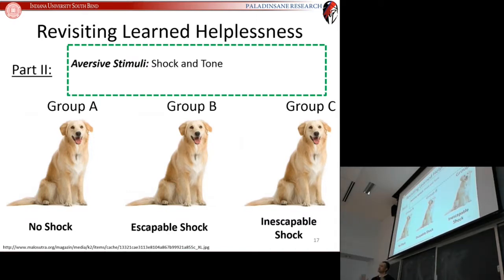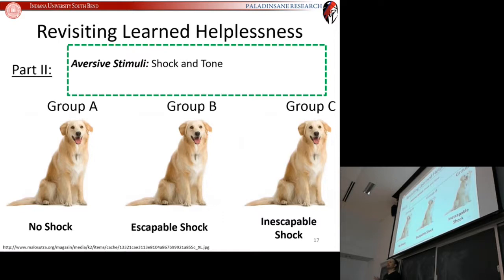And as far as we can tell, we have the tone as well as an aversive stimulus because the tone occurred on one side of the room and they jumped over to the other side of the room. They actively went away from the tone. So based on their behavior and that description alone, we define the tone as an aversive stimulus.